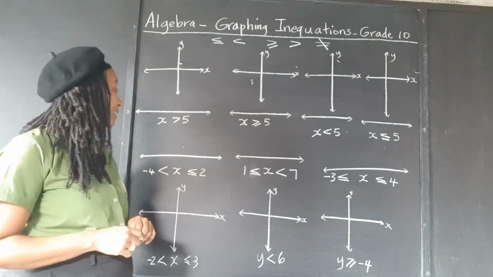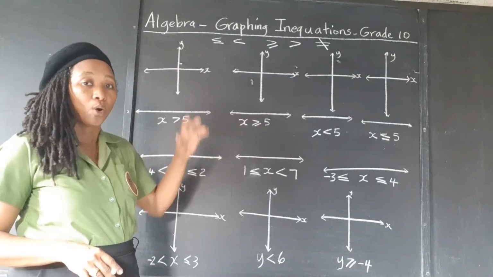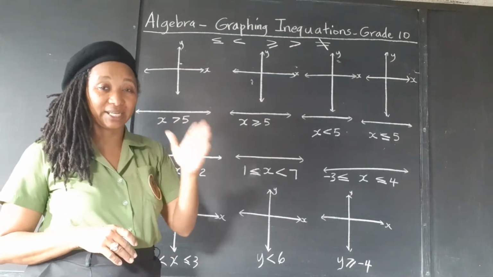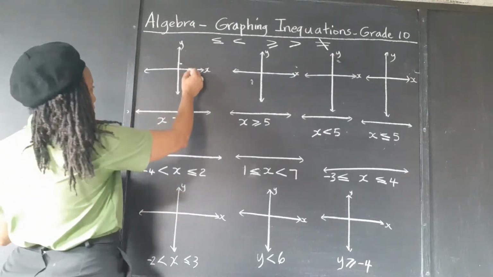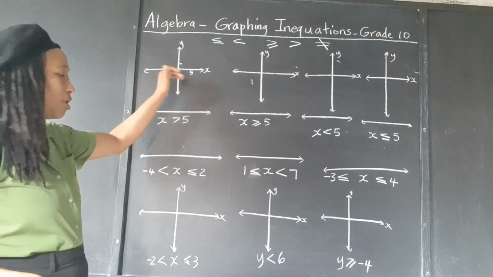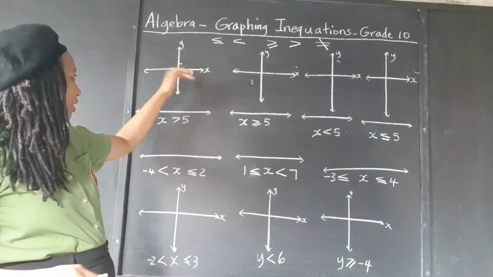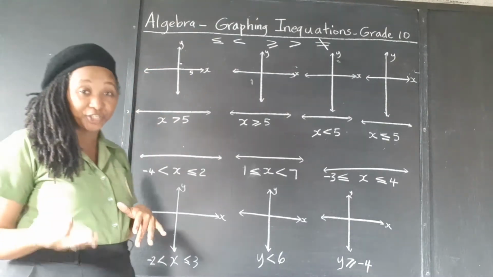So remember, if we're doing it on the coordinate plane, if it's just greater than, we're going to put a dotted line or a broken line. So we just indicate somewhere where 5 would be. You don't actually have to be numbering the axes 1, 2, or -1. You're just sketching.